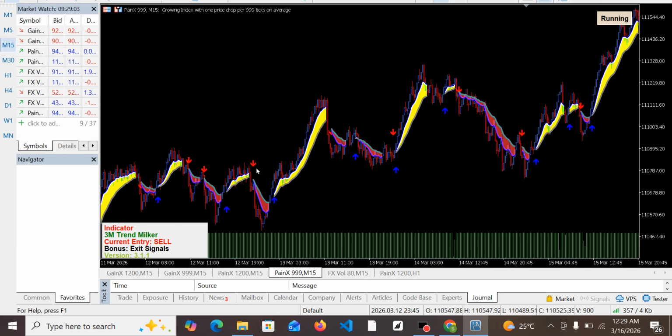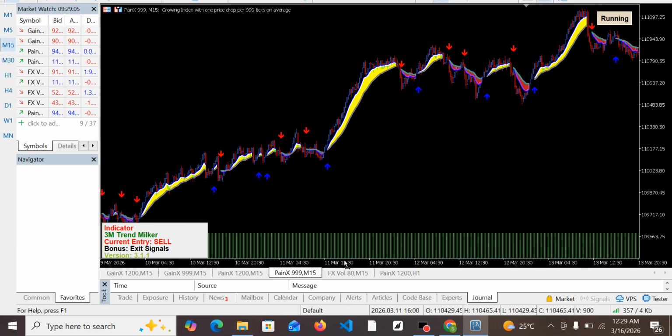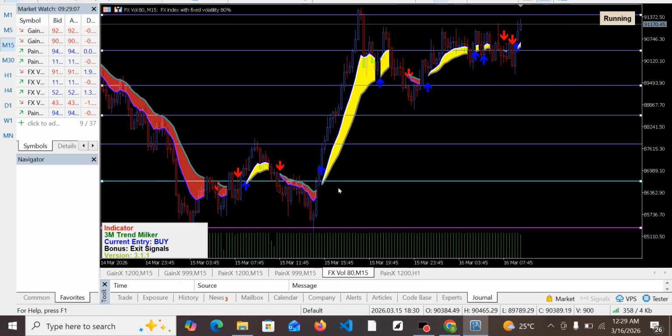Okay, this had been on a very long uptrend, okay? So I'm going to show you this. Okay, here is another one, okay? This is FX Volume 80, and of course it got to the support zone at this point. It was unable to break out from there, so you can see it's giving us the same vibes just like the first one we actually analyzed, okay?